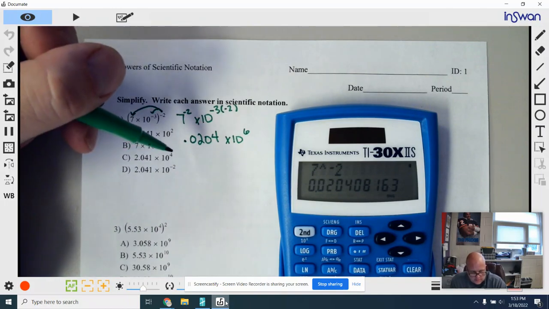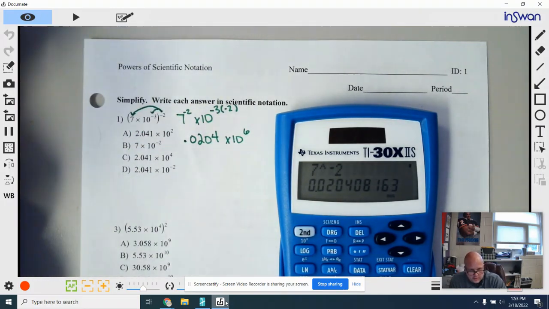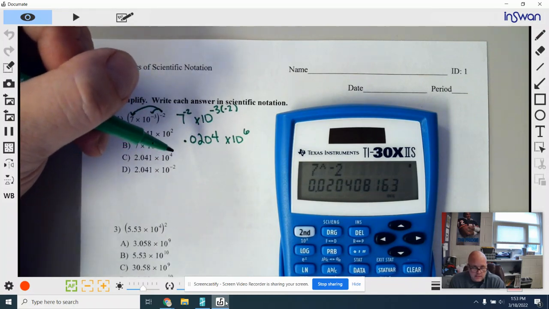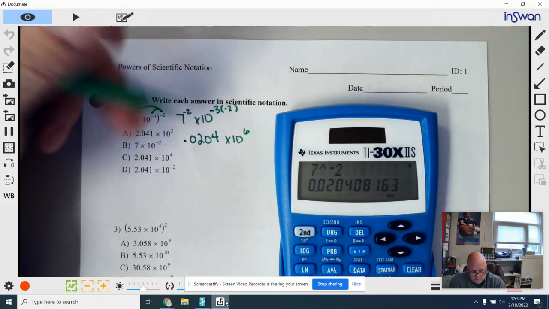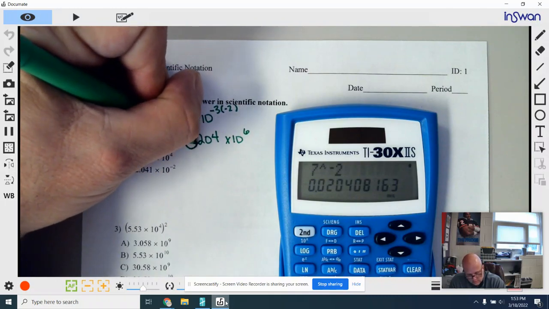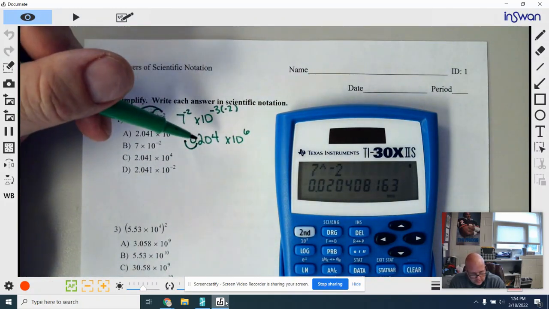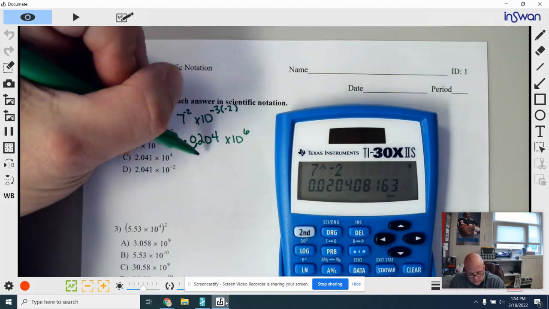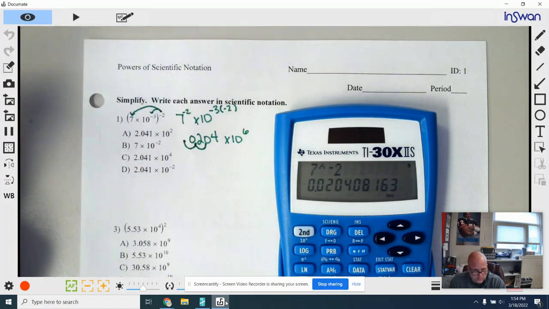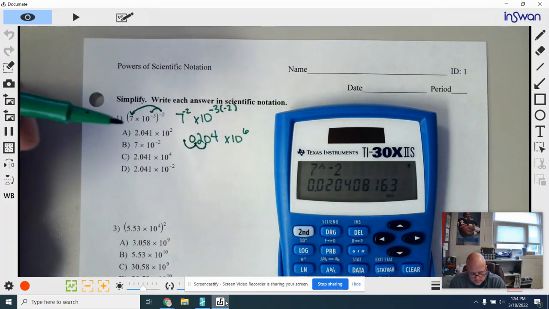Okay, so now we got to apply our knowledge of scientific notation where we need a base number that's 1 or more, but it's less than 10. And if you're looking at this one right here, it is less than 1. So I need to move this decimal to the right. If I move it there, you're at 0.2, so that's still too small. Move it right here. That's 2.04, which is 1 or more.